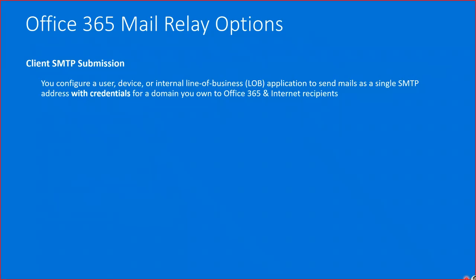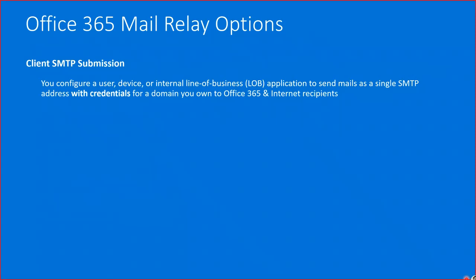This option essentially is like you having a licensed mailbox in Office 365, and it works more or less like a real user sending an email out. So with SMTP client submission, all the regular limits that apply to any normal user, that is the number of emails that can be sent in an hour and the total number of emails, apply to SMTP client submission.